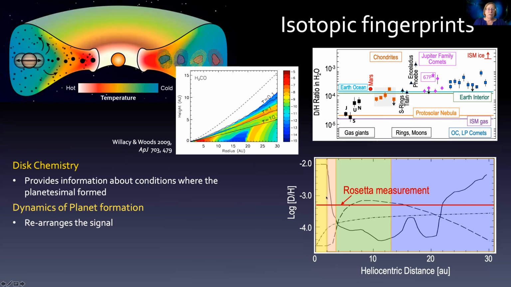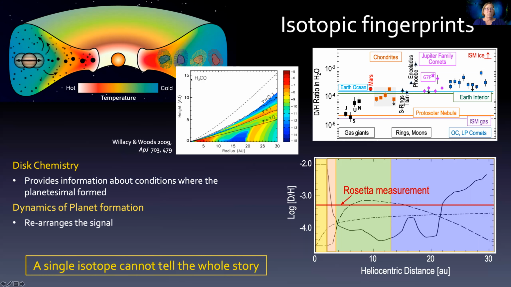So in other words, you really have to take account of both the chemistry and the movement of material in the young solar system, which will rearrange the signal. You'll get the fingerprint imprinted as the material freezes out in the midplane, but then it gets scrambled up. So a single isotope won't tell us the story of what happened.